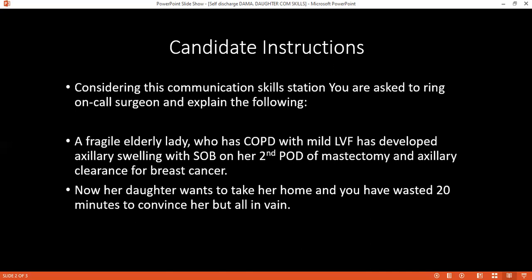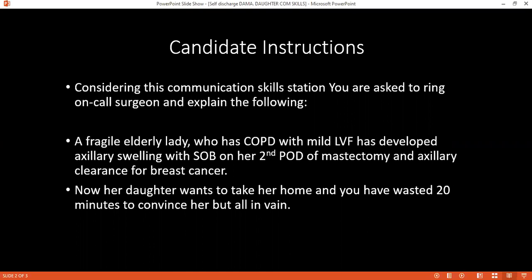Okay. Doctor, is the surgical drain in the axilla still there? Yes, there is a drain in the axilla, and it is still draining effluent. Can you tell me the output of the drain, doctor?